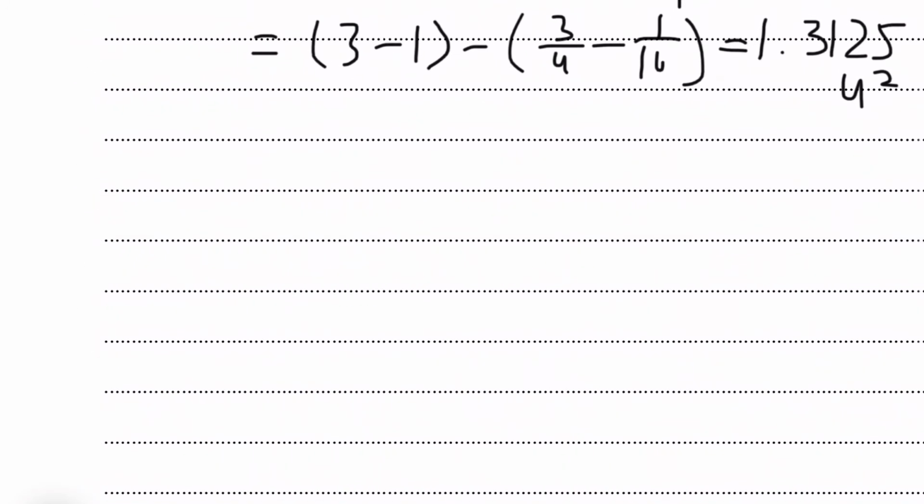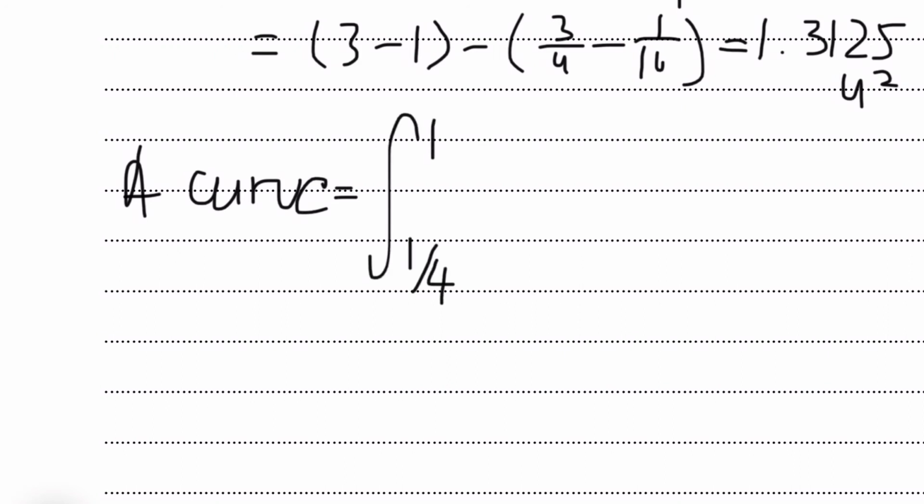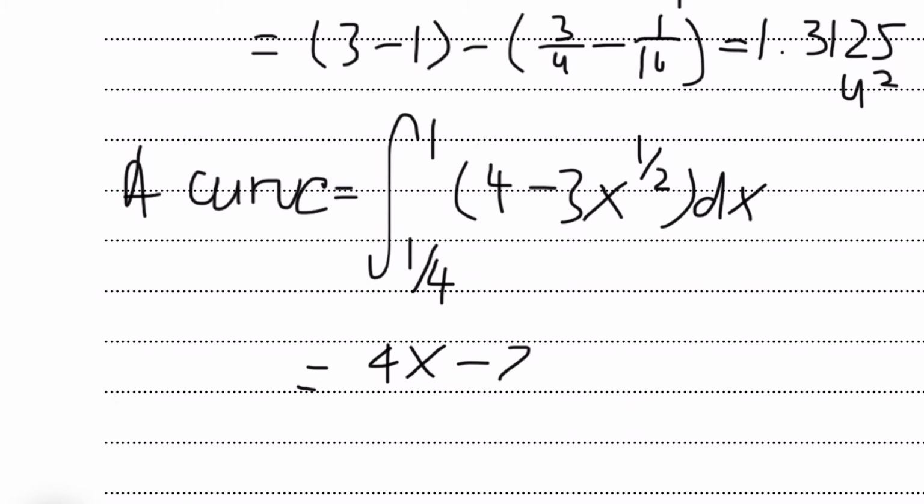Now for the area under the curve, this will be from 1 over 4 to 1. Your equation will be the integral of 4 minus 3x to the power of half dx. So 4x minus 2x to the power of 3 over 2, from 1 over 4 to 1.